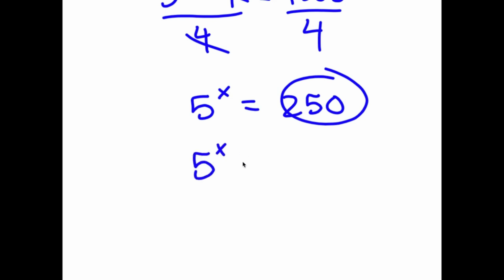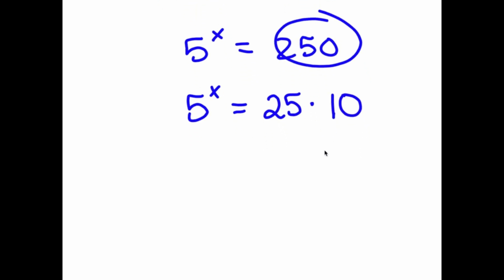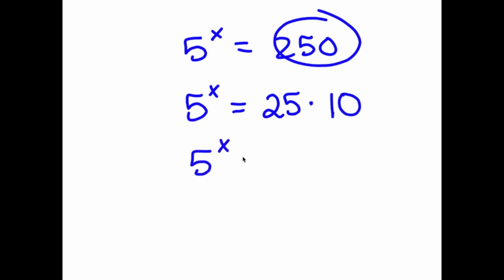So I have 5 to the power of x is equal to 25 times 10. And 25, that's the same thing as 5 squared. So now I have 5 to the power of x is equal to 5 squared times 10.